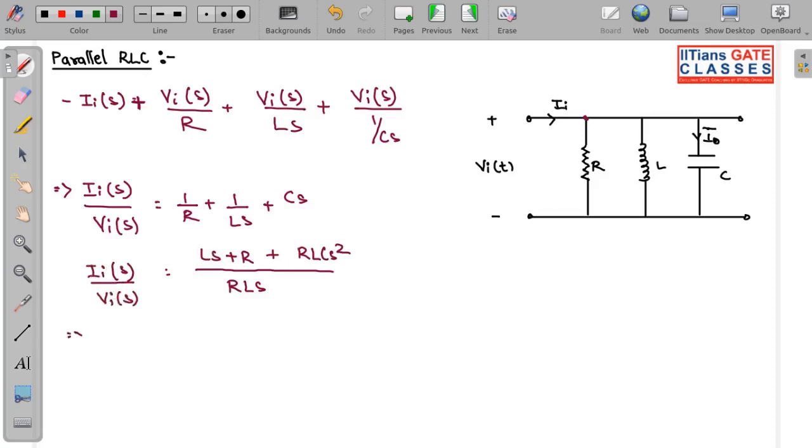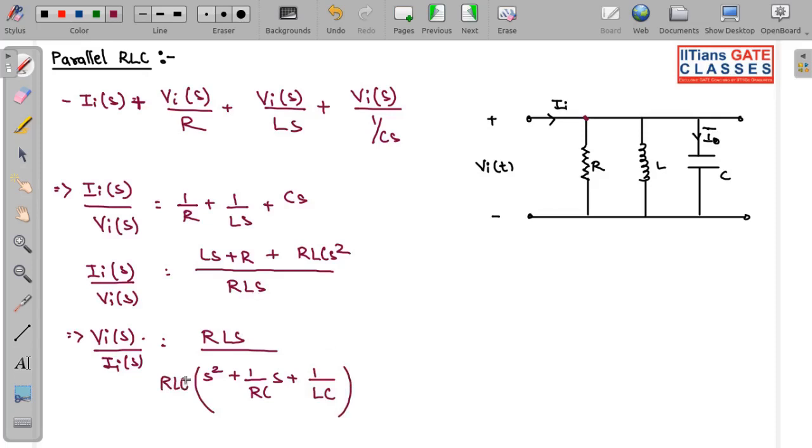Now simply, if you do V(s)/I(s), this is equal to Ls by, if you take RLC common, s² + 1/(RC)s + 1/(LC). So I have taken RLC common.